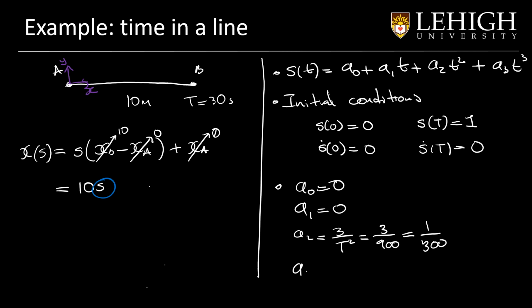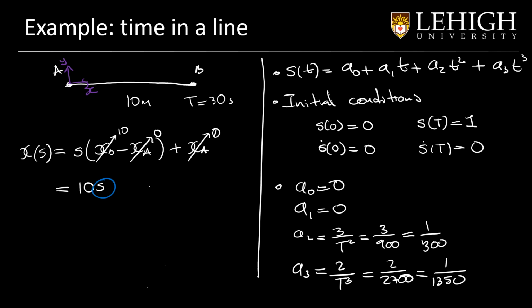And we can obtain the final parameter that is equal to 2 over T cubed, and this is equal to 2 over the cube of 30 seconds, which is 1 over 13500.